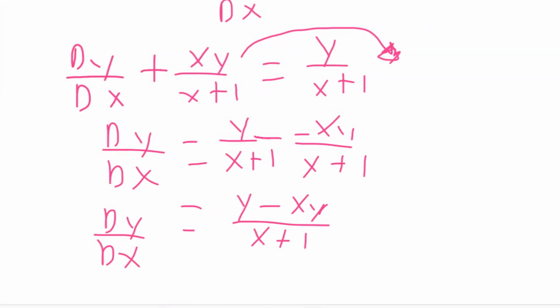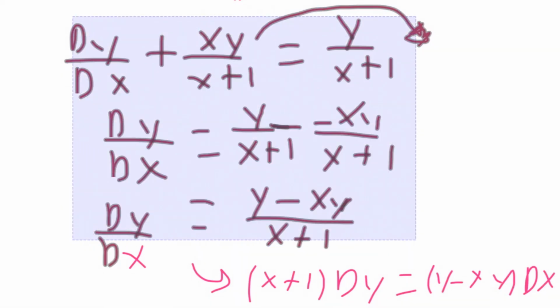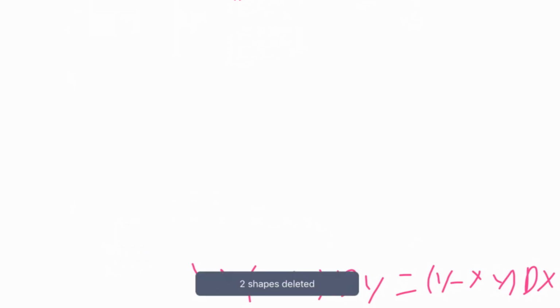And now you can just cross multiply, so this will become (x plus 1) dy is equal to (y minus xy) dx. So I'm going to erase the top here, and we're going to be left with this.